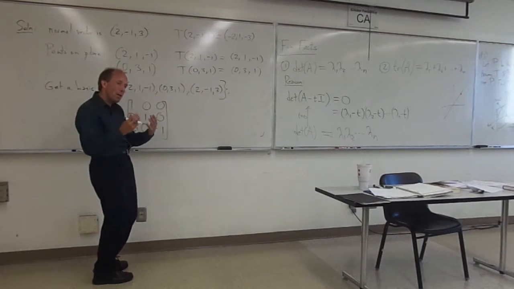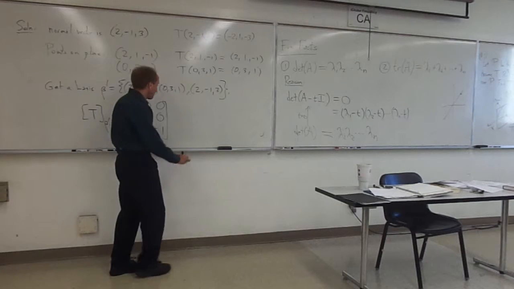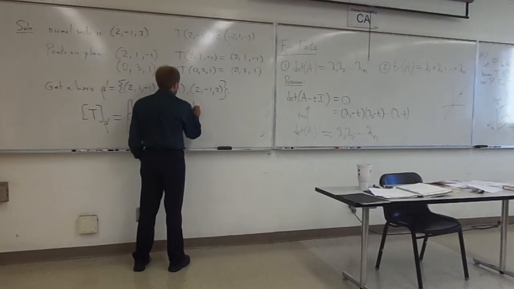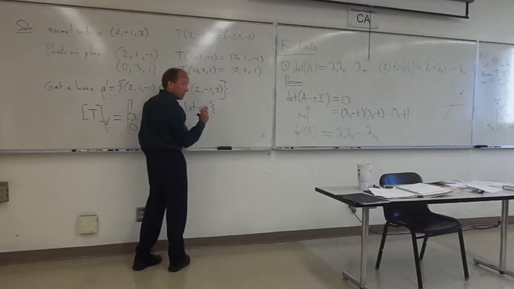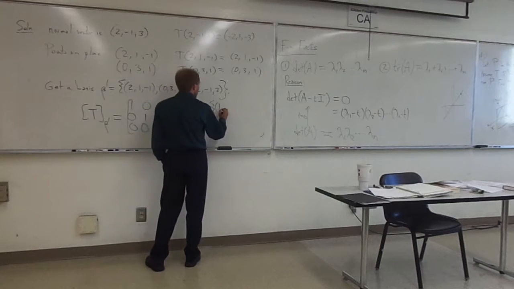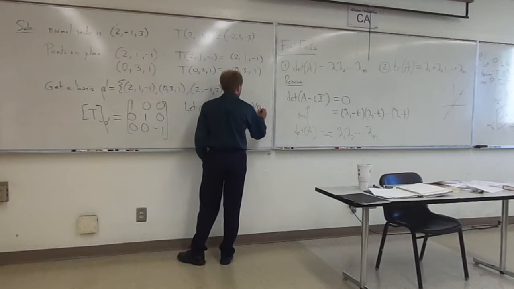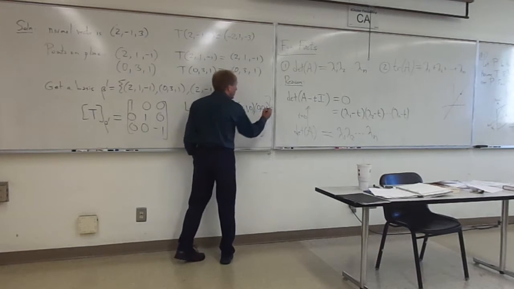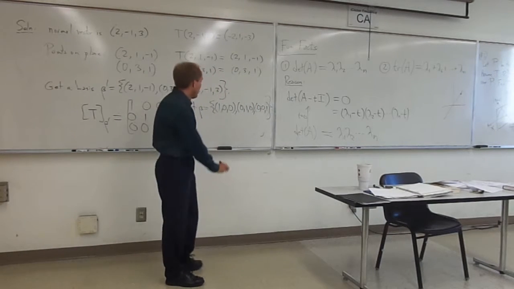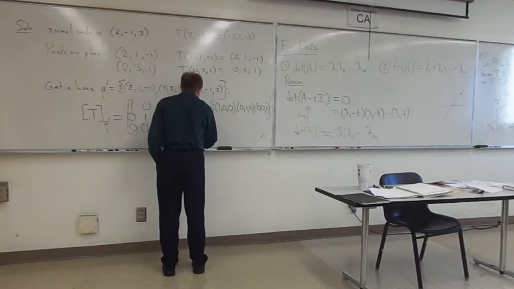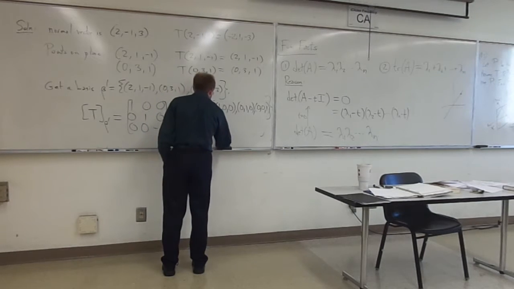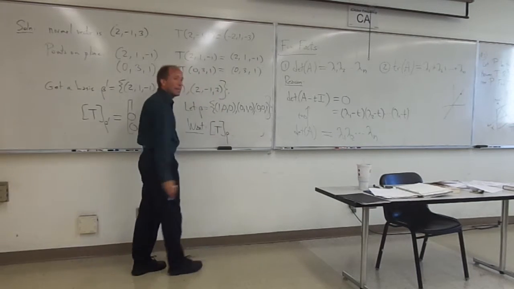What I really want to find, however, is if I take the standard basis, I'm going to call it beta, which is the standard basis (1, 0, 0), (0, 1, 0), and (0, 0, 1), I really want to know T with respect to that basis, right?